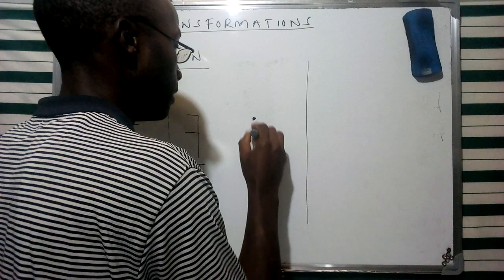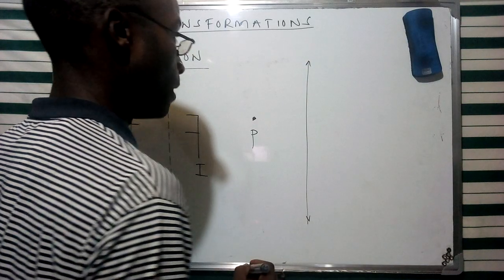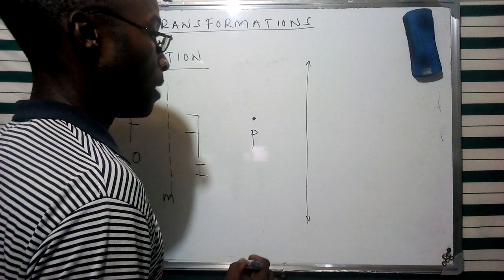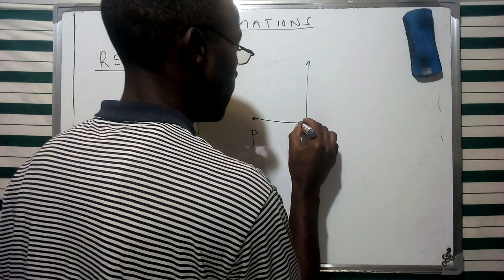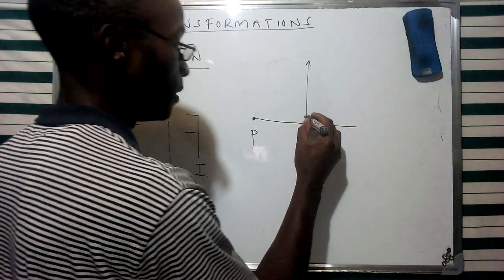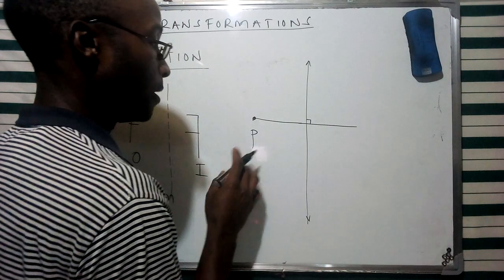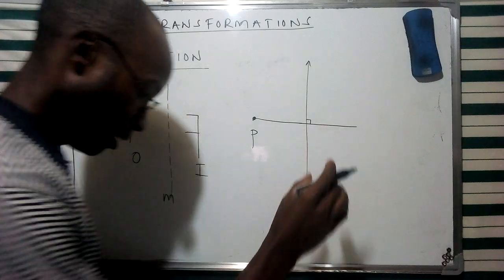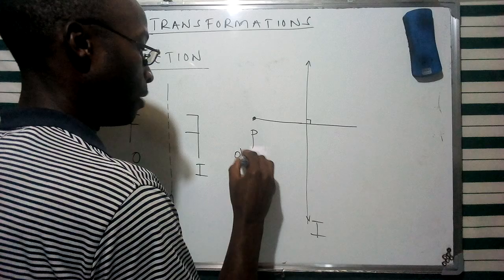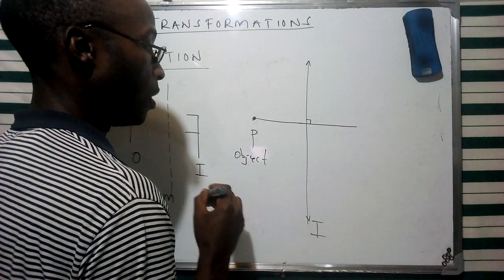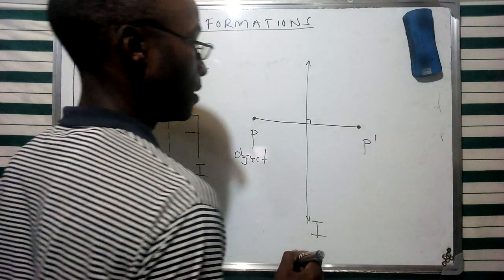Let's regard this one as point P. To find a reflection of this point, we perform a measurement from this point to the mirror line, and this forms a perpendicular line between this point and the mirror line that we can refer to as l. This is our object, and therefore we're going to have another point P prime at this point.